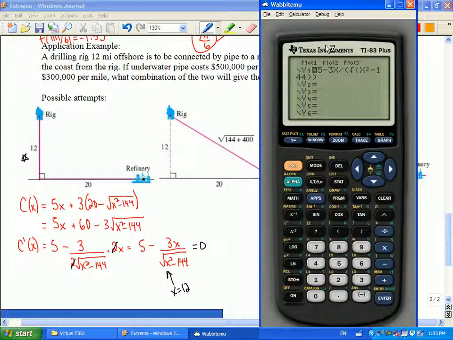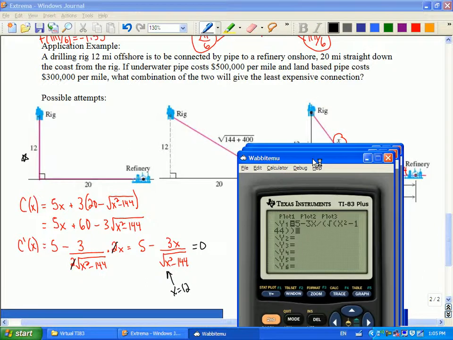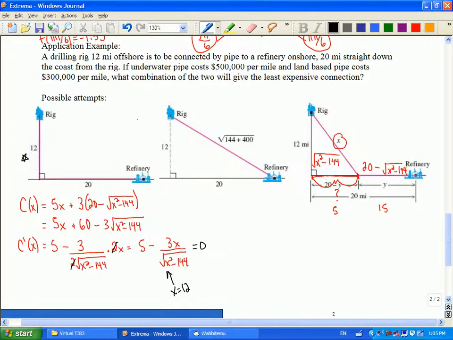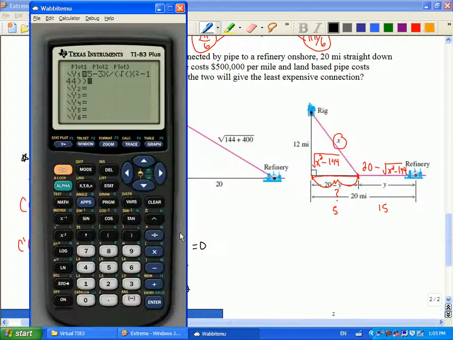Now, when you think about the window here, the largest value that you could possibly do for x is going to be this diagonal length all the way straight to the refinery here. So if you wanted to know what would be a good guess, maybe start at like 50, but that'll probably give us more of a window than we need.